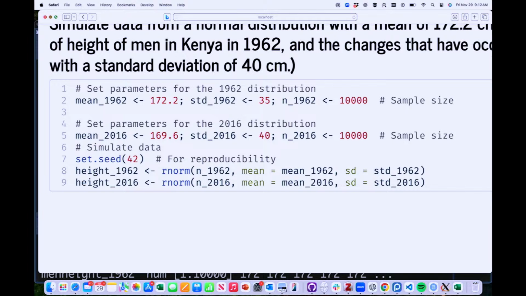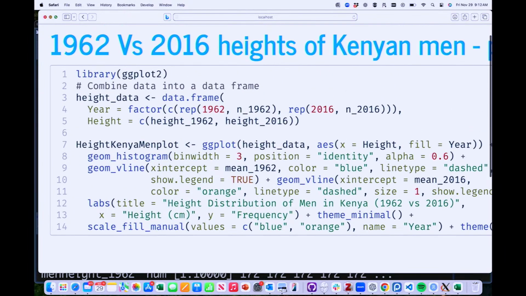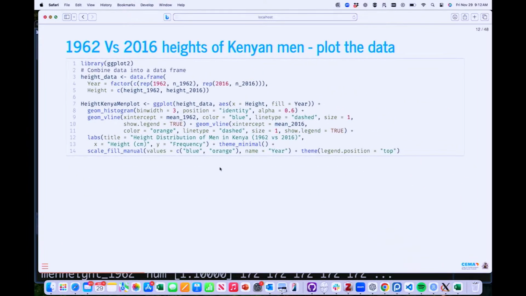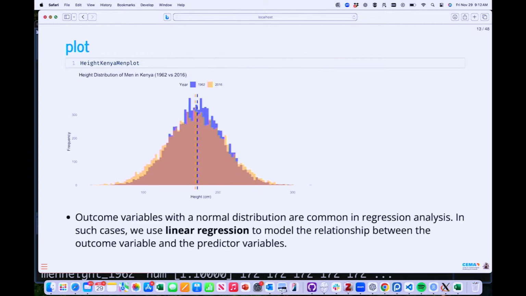So once you have got that data, I'm going to give you another code now that tries to put the two data sets together. So if you wanted to make a comparison between 2016 and 1962 heights of men by plotting the data, what I want you to get is this graphic here that shows the height distribution of men in 1962 versus 2016.